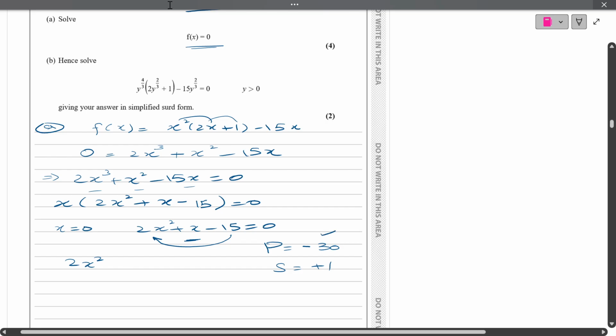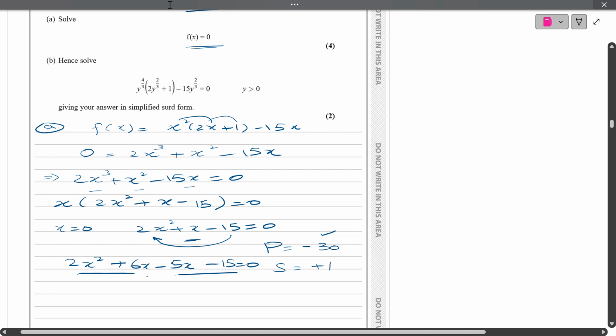So it could be 2x squared plus 6x minus 5x minus 15 equals 0. Yeah, 6 times negative 5 is negative 30, so the product is correct, and 6 plus negative 5 is plus 1, so the sum is correct as well.